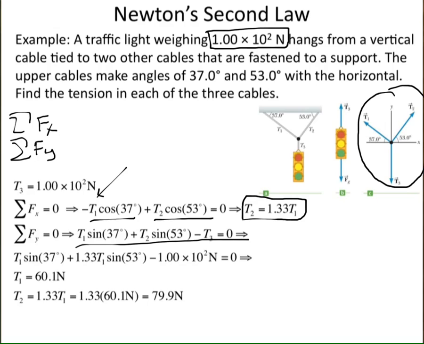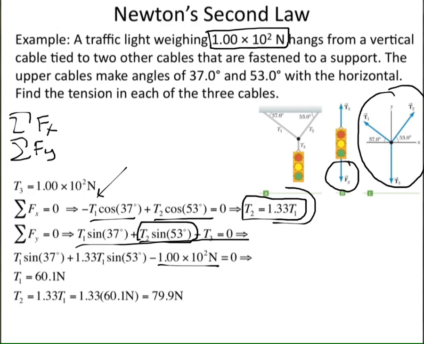T3 is nothing but the weight of the traffic light, okay? So T3 can be simply put into the equation, and on the left hand side we have T1 sine 37 degrees, T2 sine 53 degrees, but since we know how to express T2 in terms of T1 from the first equation, the second equation can be made only in terms of T1.